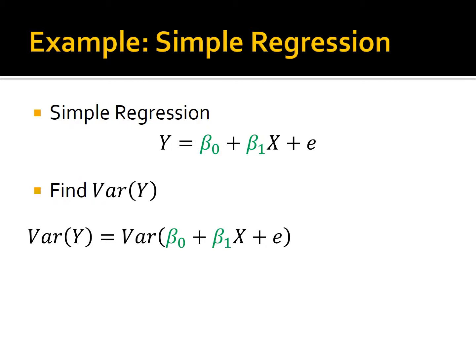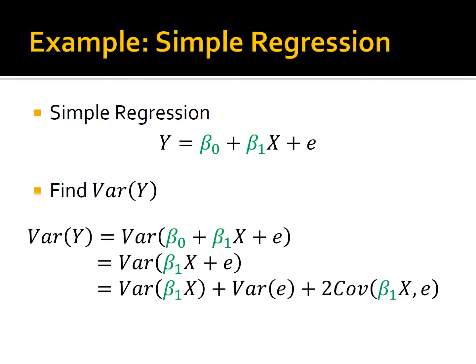We need to find the variance of y from the term on the right-hand side. So the variance of y equals the variance of beta 0 plus beta 1 times x plus e, right? Because beta 0 is the intercept, it is a constant, so we can remove it from the variance term. So we get the variance of beta 1 x plus e. We need to distribute the variance term, so it equals the variance of beta 1 x plus the variance of e plus 2 times the covariance of beta 1 x and e.